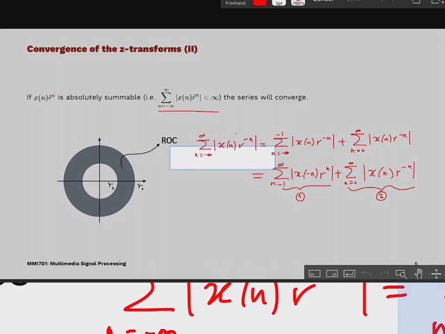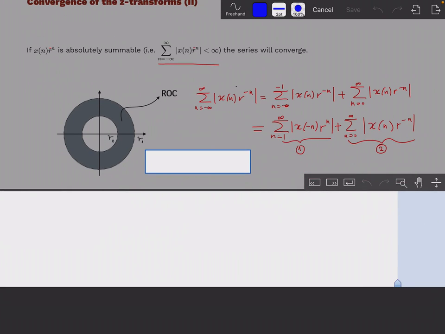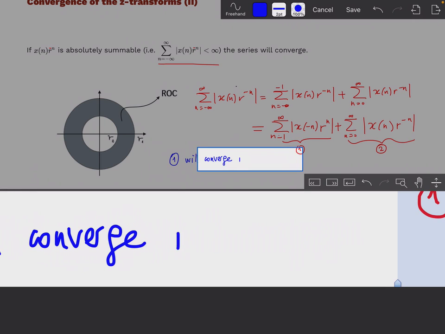The first term will converge if r is less than some r1.